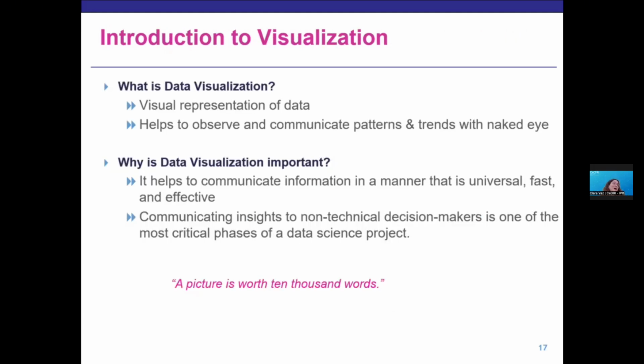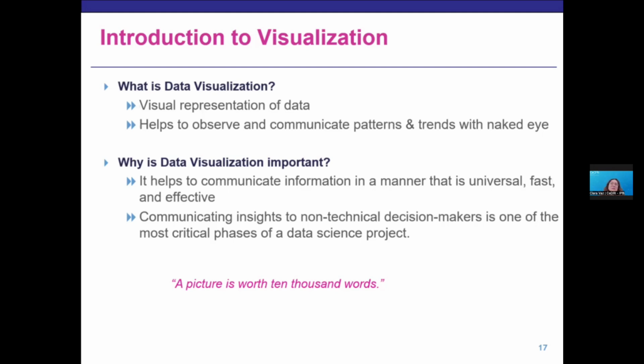So after this, it is important to visualize the data. We say that a picture is worth more than 1,000 words. Basically, in communicating the insights, graphs are very useful.